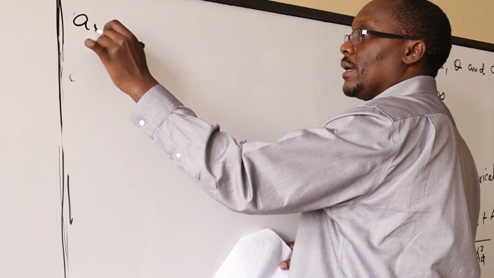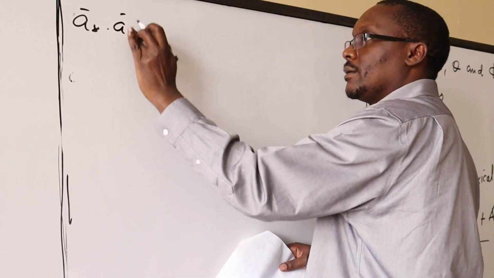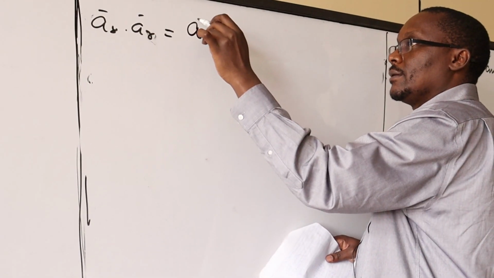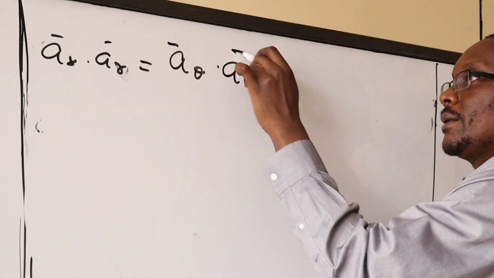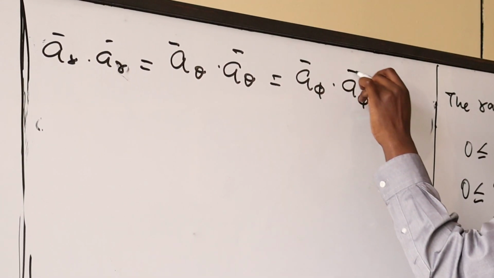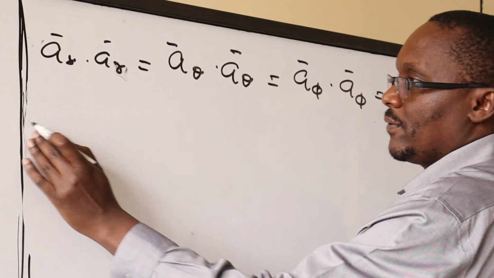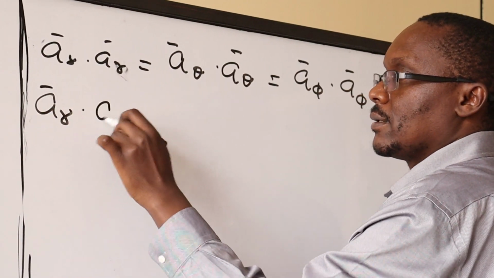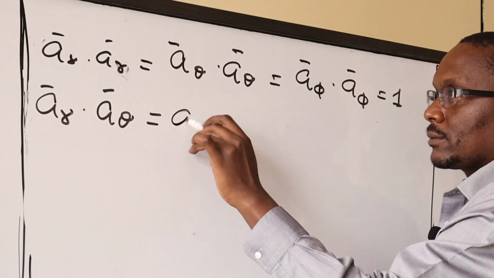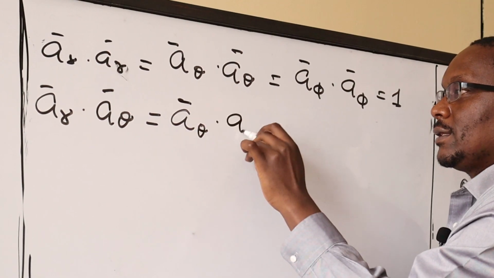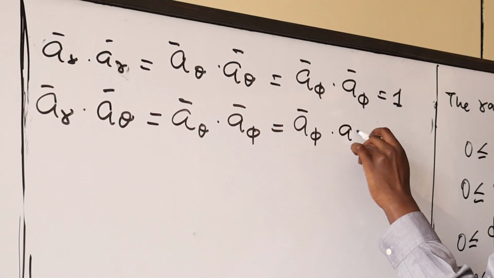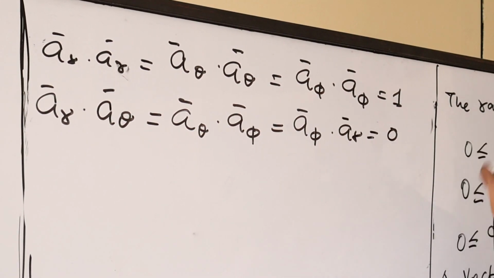So AR bar dot AR bar equals A theta bar dot A theta bar, which is the same as A phi bar dot A phi bar, and that is 1. If you get the opposite, AR dot A theta must be the same as A theta dot A phi, which is A phi dot AR, and that is 0.